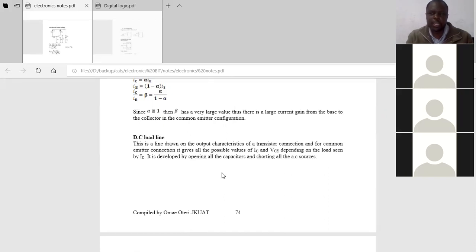Please note that the DC load line is the line along which the transistor operates.